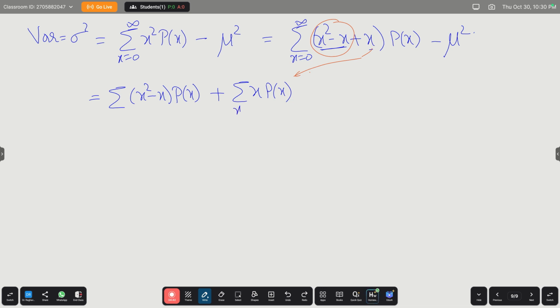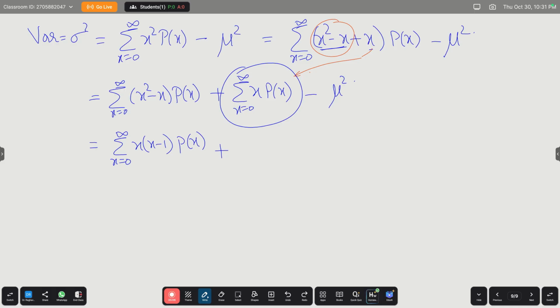So x running from 0 to infinity, minus mu square. And now I'll take x common from this, so I'll be left with x minus 1 P of x running from 0 to infinity, plus this is the mean, formula for mean, so this is going to be mu minus mu square.